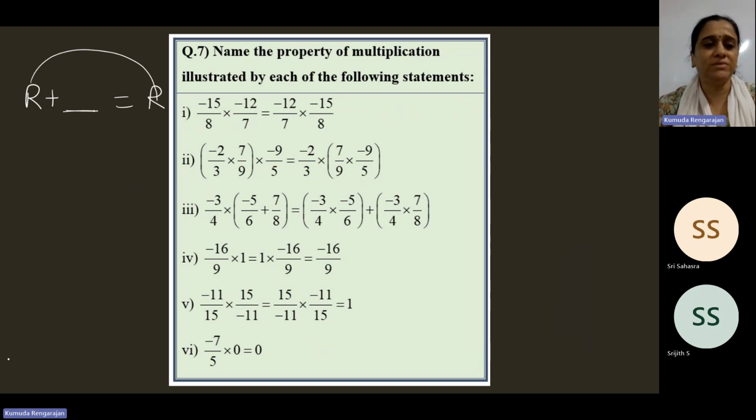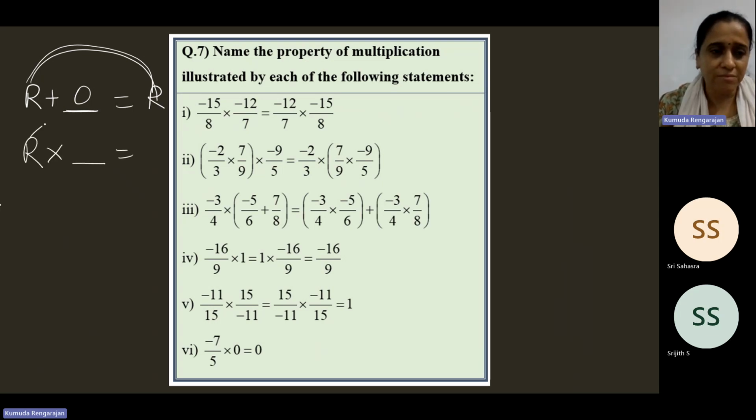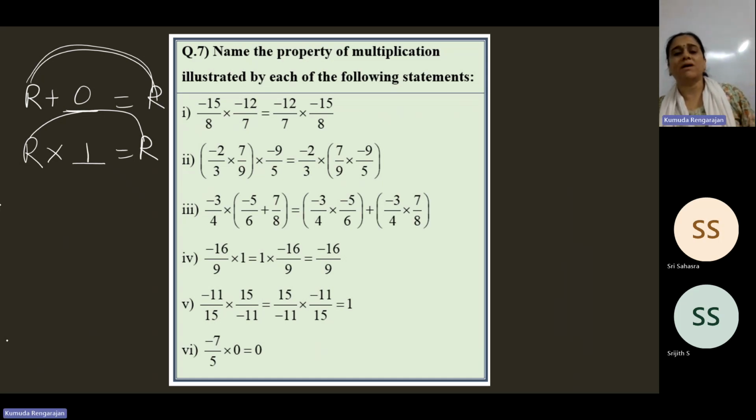Then what should be that something here? 0. So 0 is called the additive identity because you're getting the same answer. The other one is multiplicative identity. Multiplicative identity means rational number into what will give the same rational number as the answer? 1. So multiplicative identity is 1.